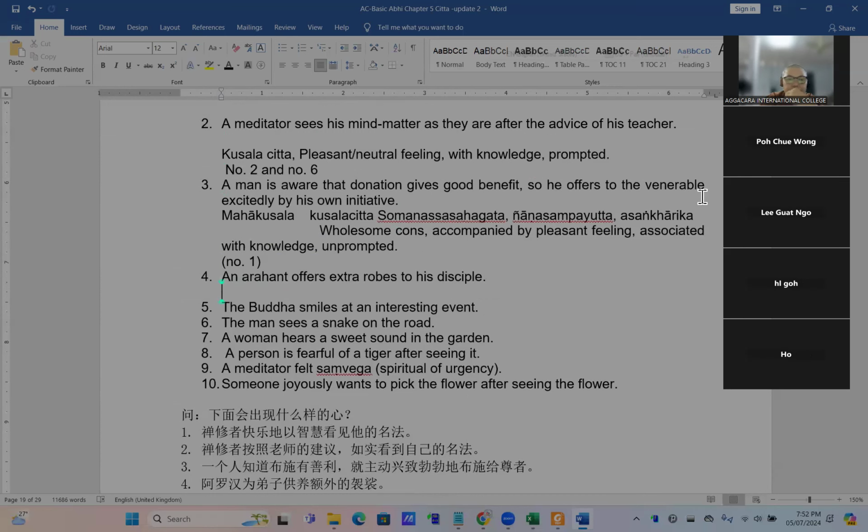It is Kriya Citta. Okay. Now, is it Jnana Sampayutta or Jnana Vippayutta? Jnana Sampayutta, associated with knowledge. Okay. So we don't know the feeling here. So is it prompted or unprompted?